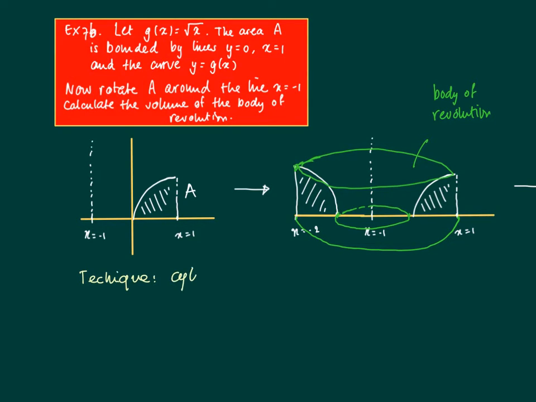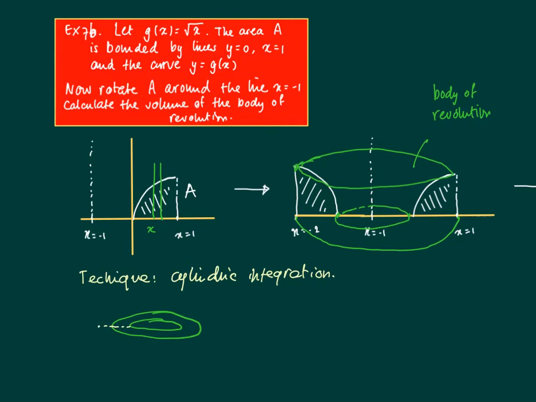Actually, what we're going to do is build up this green volume by cylindrical figures. Look at the picture on the left, then add some value of x. We'll make a cylinder which has a thickness of delta x.